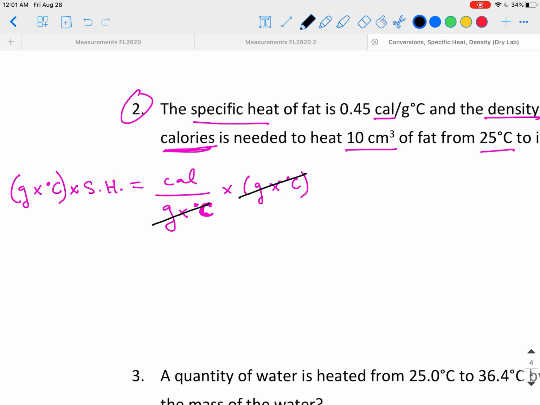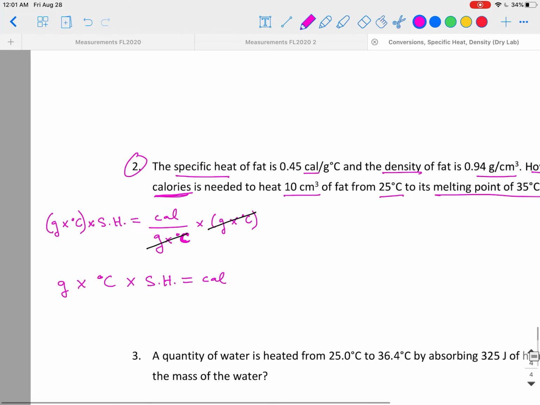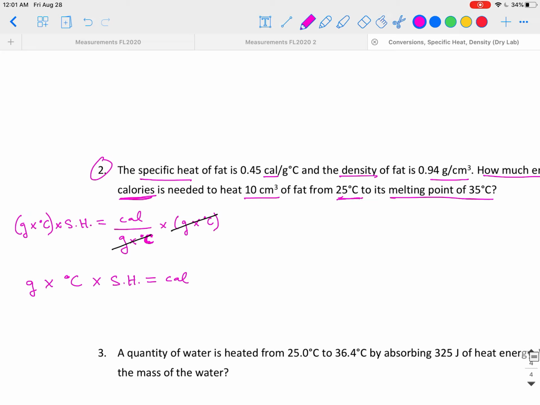So now I'm going to write my new equation: the mass of fat that I have in grams times the change in temperature of the fat times the specific heat of the fat equals the amount of calories that are needed to heat that fat from the initial temperature to the melting point. So first off, what do I have? What do I need? To solve for calories, I have to have grams. That's the first thing I need. I have to have change in temperature, and I have to have specific heat.